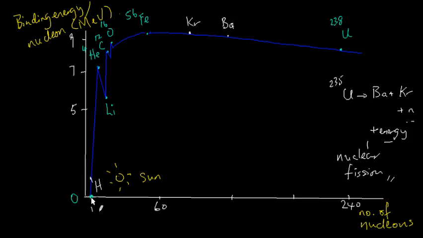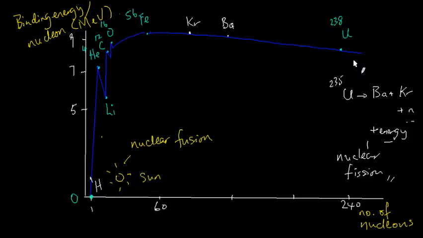So these are the two important pieces of information that we get from this graph. What happens here is fusion. In the sun we have nuclear fusion, where hydrogen nuclei are fused together.